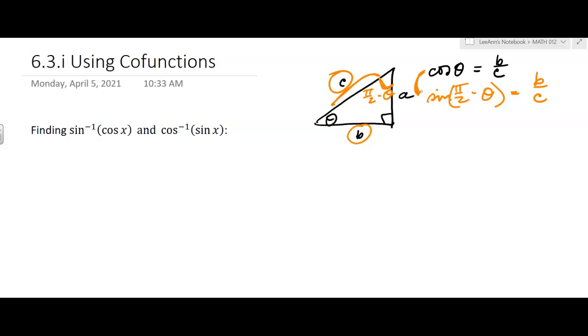So now I can rewrite this. It says finding sine inverse of cosine x. Well, I could write that then as sine inverse of, and I can make this sine of pi over 2 minus x. Okay?